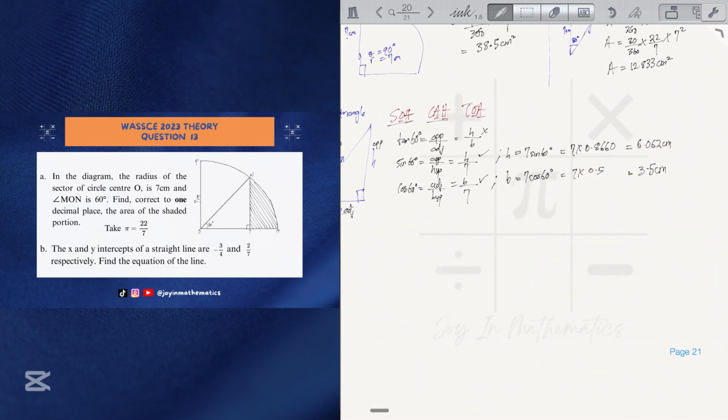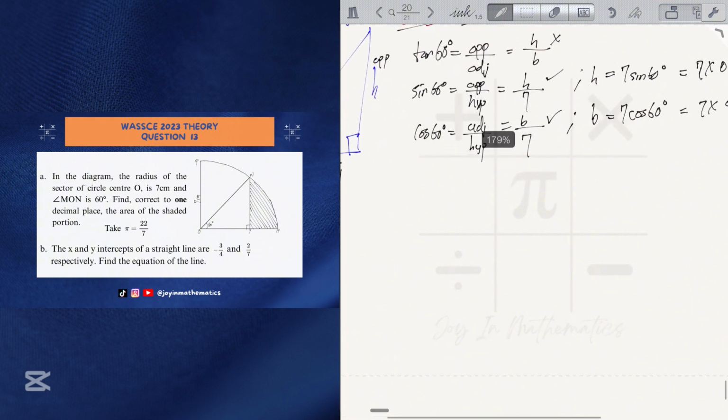In view of this, we can evaluate the area of triangle using the formula of half base times height.